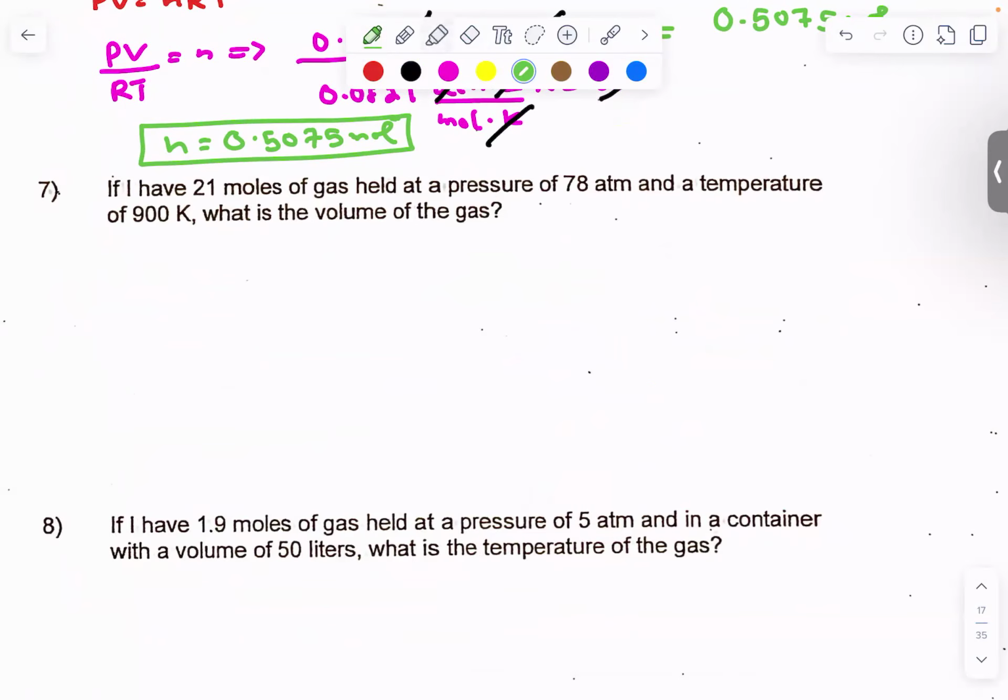Next, please. If I have 21 moles of gas held at a pressure of 78 atm and a temperature of 900 Kelvins, what is the volume of the gas? Okay, so PV equals nRT.